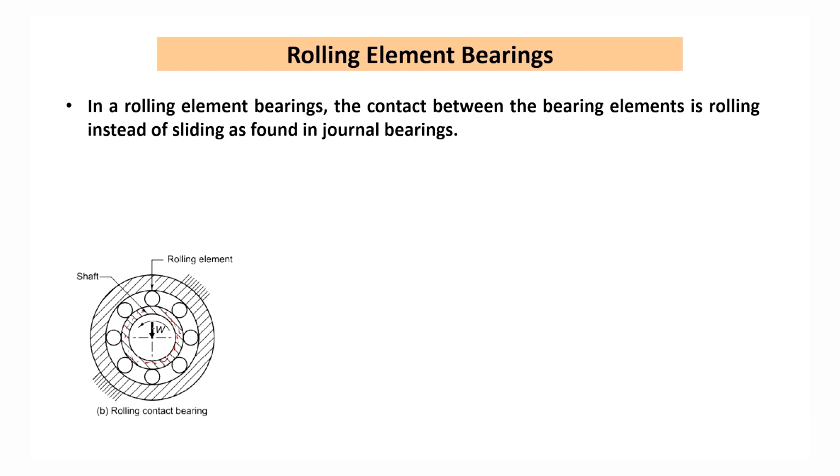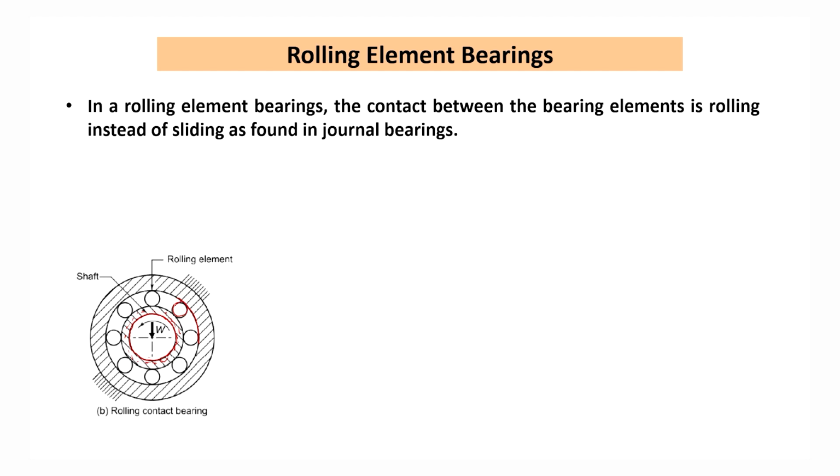Sometimes it is not this way, depending on whether the inner race has to rotate or the outer race has to rotate. But in this figure, the shaft is in this one. This is the shaft or the journal, and it is separated from the bearing by the rolling elements.